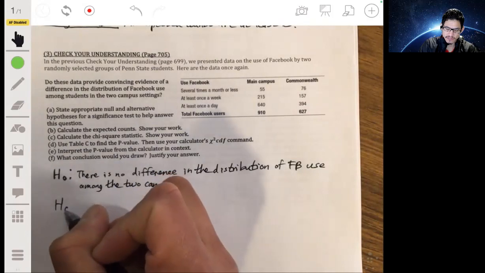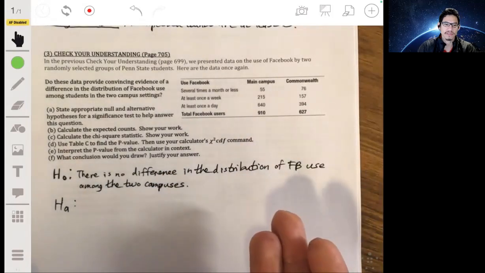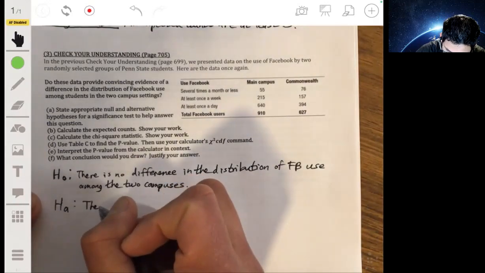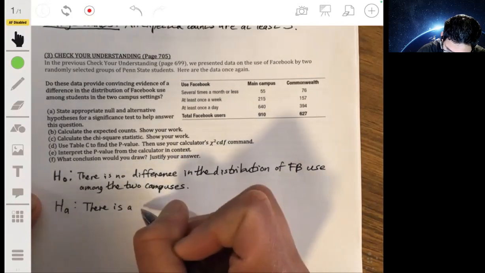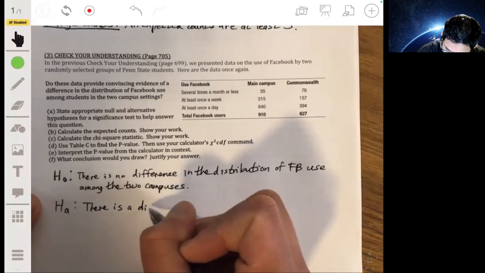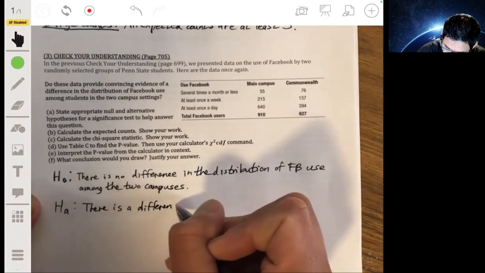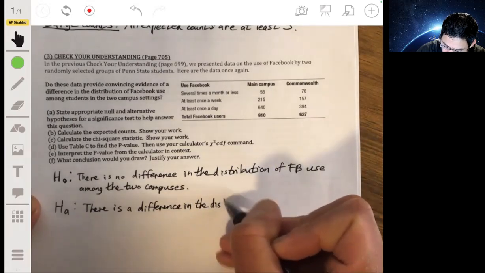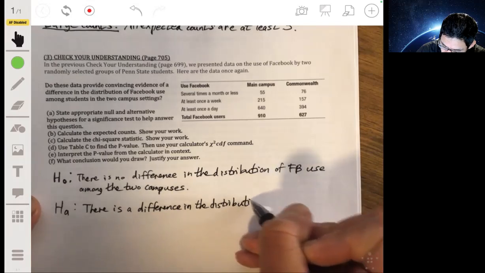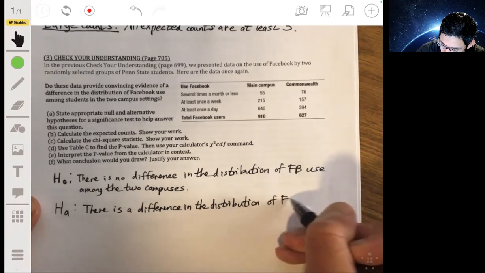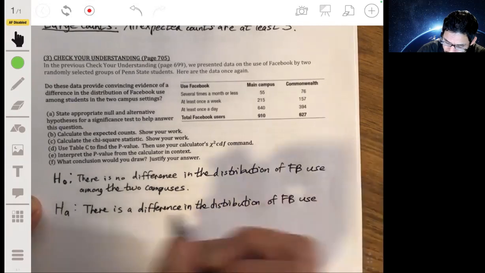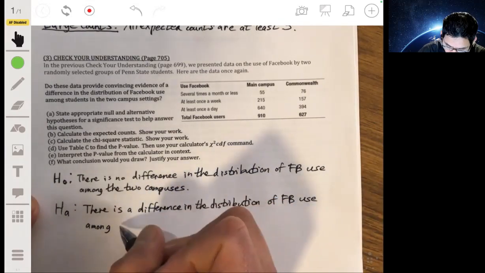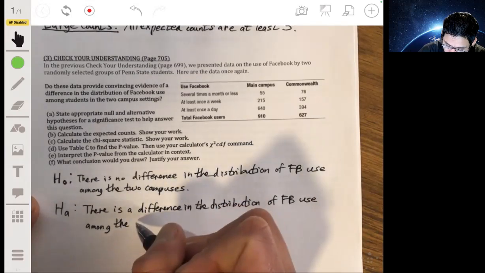And the alternative is essentially saying that there is a difference in the distribution of Facebook use among the two campuses.